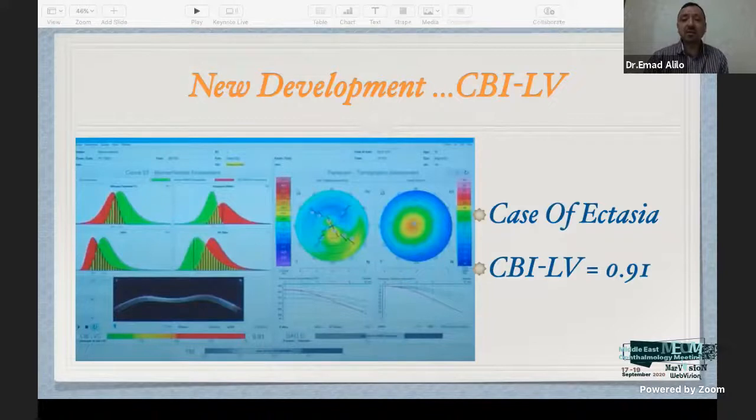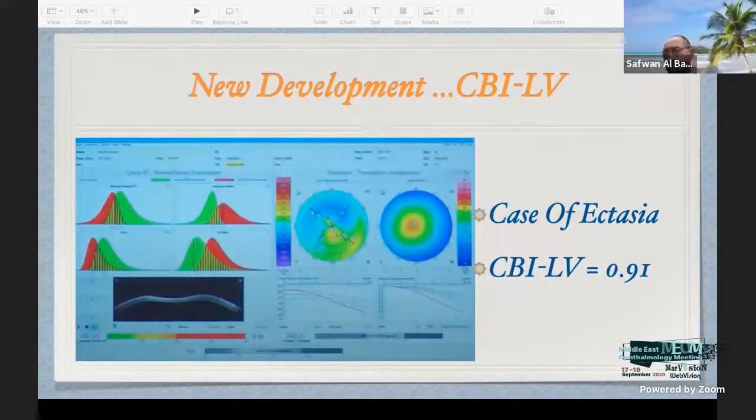If you notice, in this new software, when you add that this cornea has had previous refractive surgery, the BAD-D and the TBI become gray because in this case they are not validated anymore. So this new software automatically puts them in gray and eliminates them. And a new graph comes, which is the CPI-LVC.